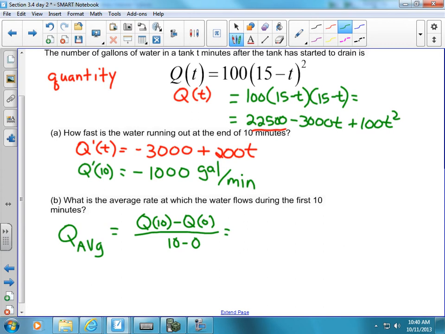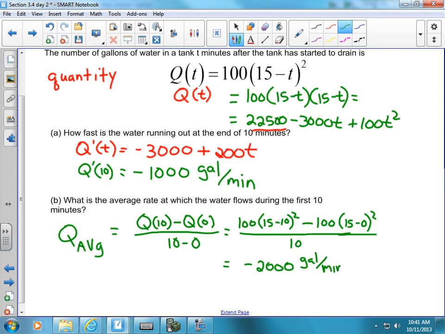Okay, the quantity at 10 is 100 times 15 minus 10 squared. And then we're going to subtract 100 times 15 minus 0 squared. All right, so if we calculate that, then we end up with negative 2,000 gallons per minute.